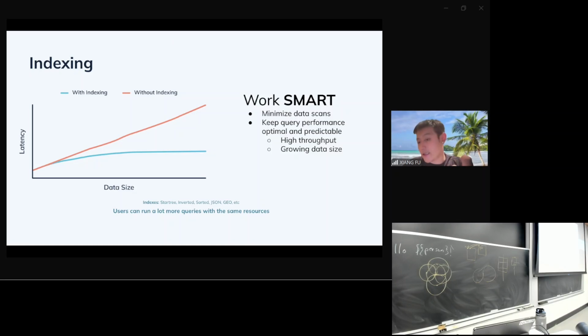We can also do a lot of pre-aggregates, so for very frequent queries you don't need to compute things again. This makes the query engine smarter, gives way higher throughput, and as the data size grows, you still get very good performance.